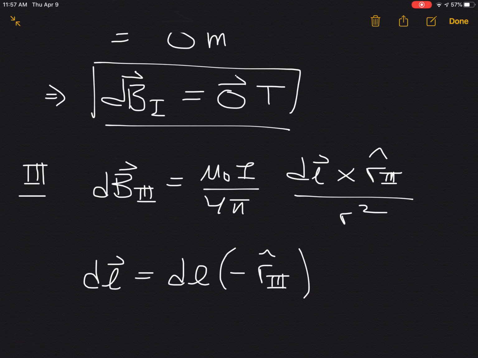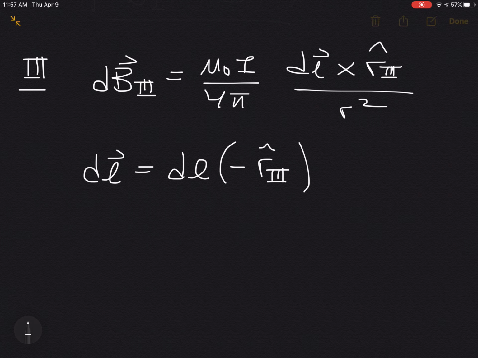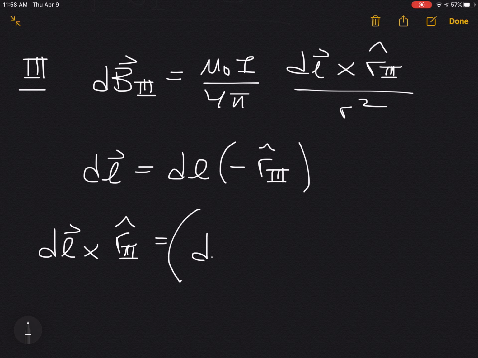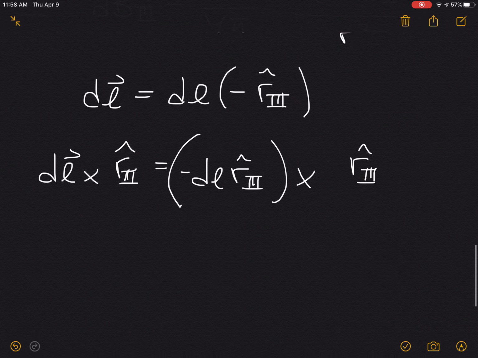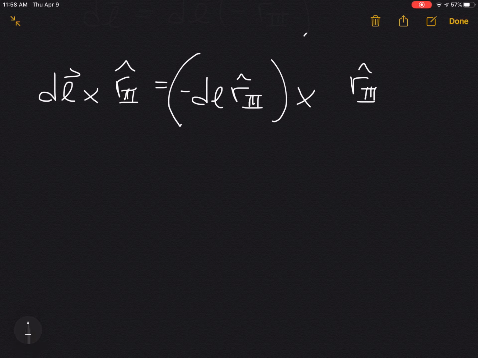So now let's compute that cross product. This may be obvious for many of you, but let's just go through and do it. When I do dl crossed with r3 hat, what I have is minus dl r3 hat crossed with r3 hat.